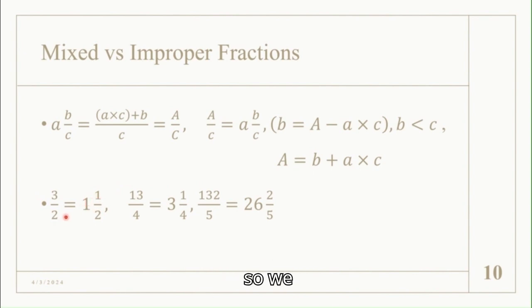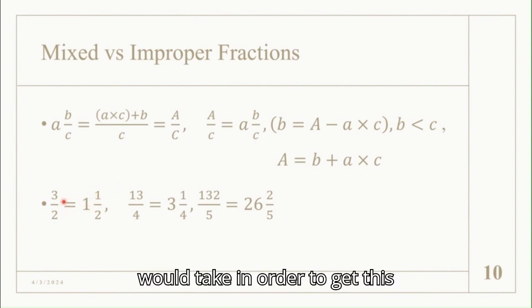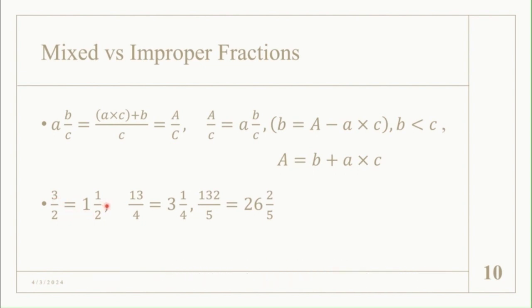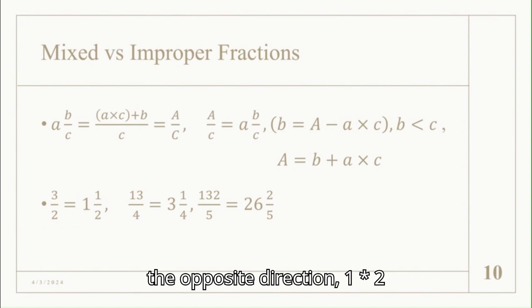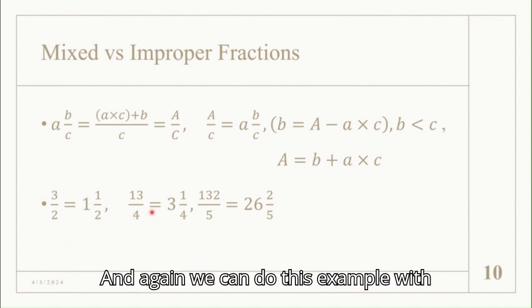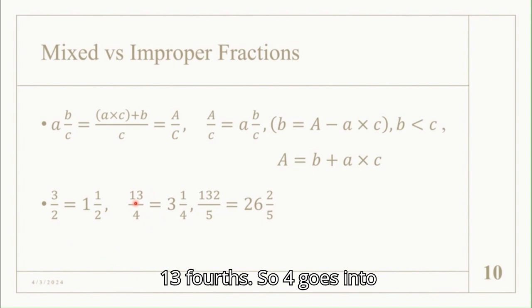In order to get this into 1 and 1/2, we know that 2 goes into 3 one time, but we have 1 left over. Or, if we're going the opposite direction, 1 times 2 is 2, 2 plus 1 is 3, gives us 3 halves.